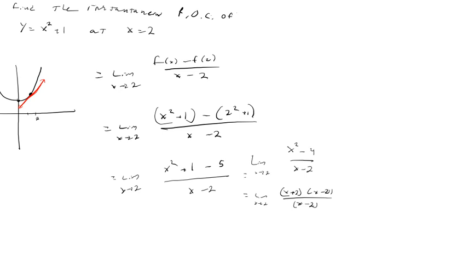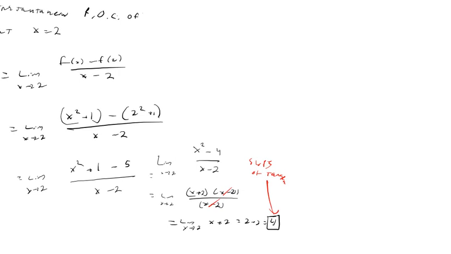And that is my instantaneous slope. This is the slope of the tangent line. I'll write this better. My instantaneous rate of change, found by using the limits, found by taking the limit as x approaches 2 of my formula here.